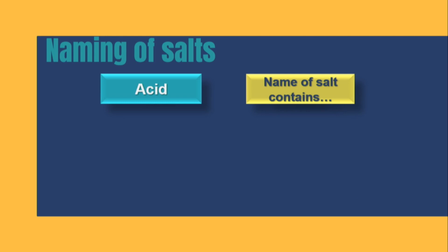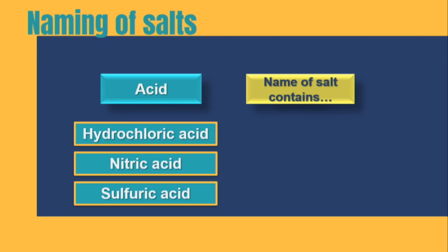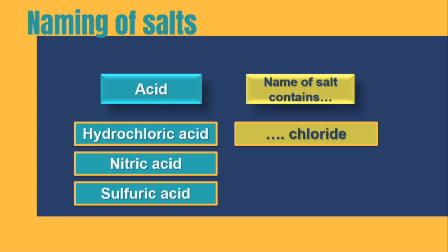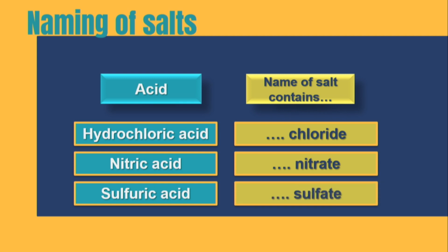Therefore, all salts derived from hydrochloric acid will end with the term chloride. All salts derived from nitric acid will end with nitrate, and all salts derived from sulfuric acid will end with sulfate.